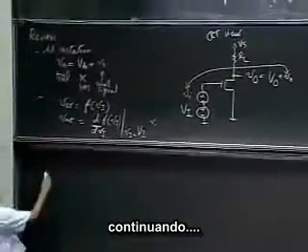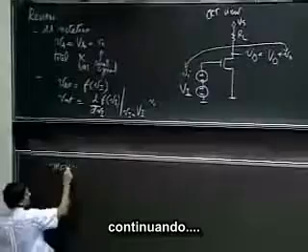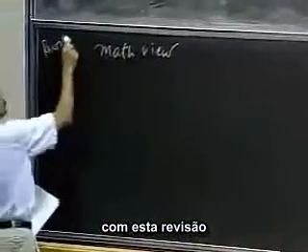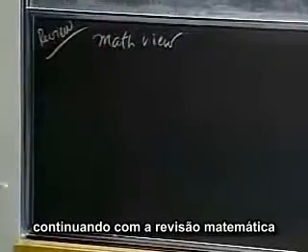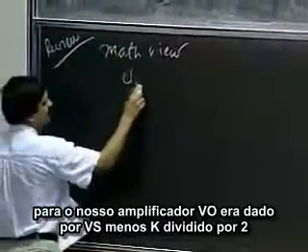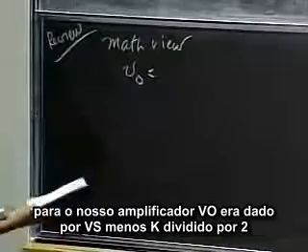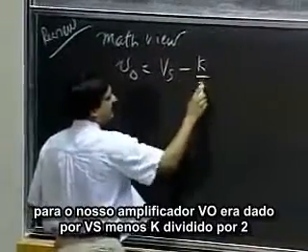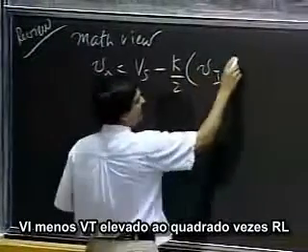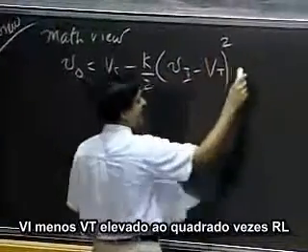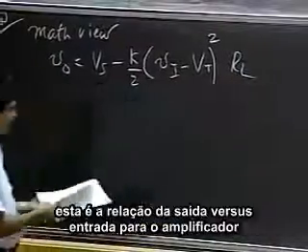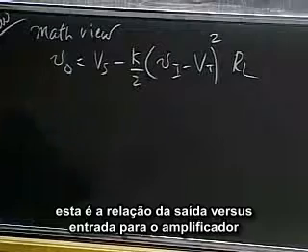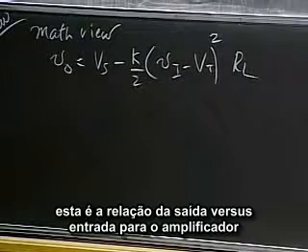So to continue on with the math view, this is more review. For our amplifier, V naught was given to be Vs minus K divided by 2, Vi minus Vt whole squared RL. Okay? So this was the output versus input relationship for the amplifier.